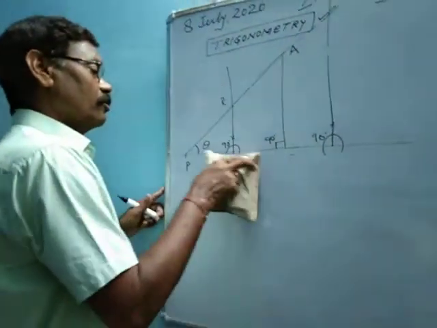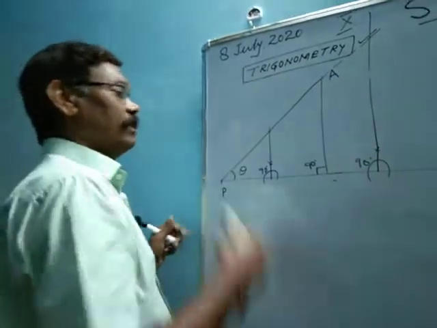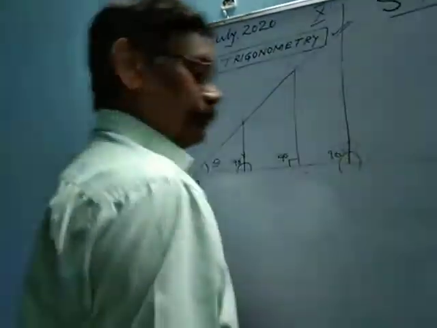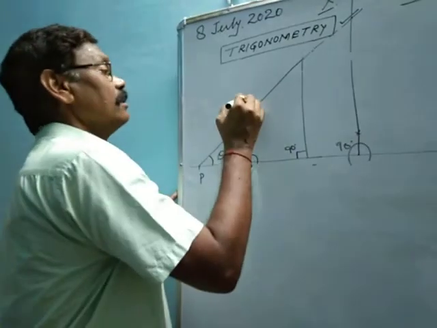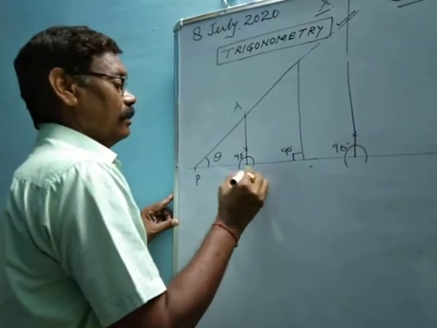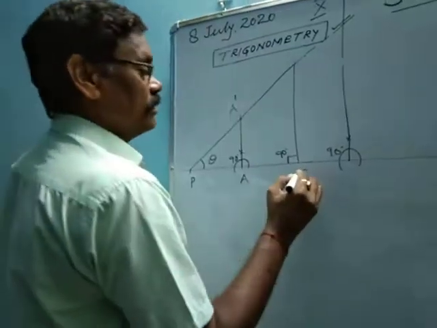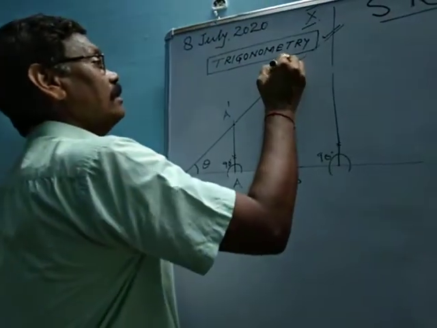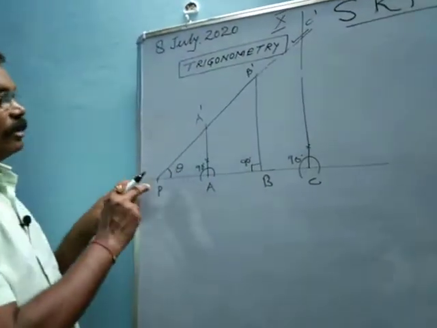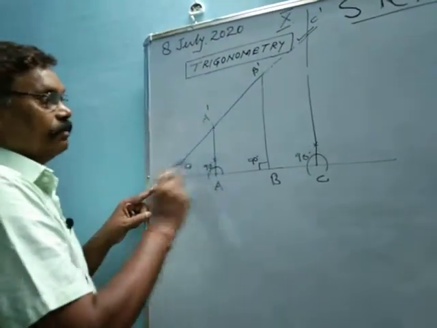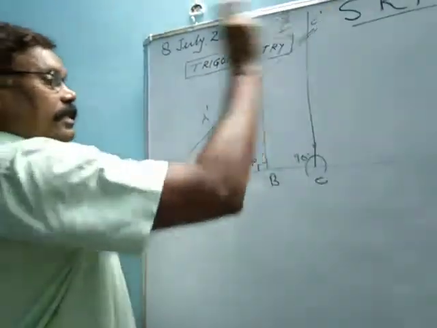Let me rename this so that it looks a little bit symmetrical. I will call this A dash, B dash, C dash. So I have triangle PA dash, PB dash, PC dash.